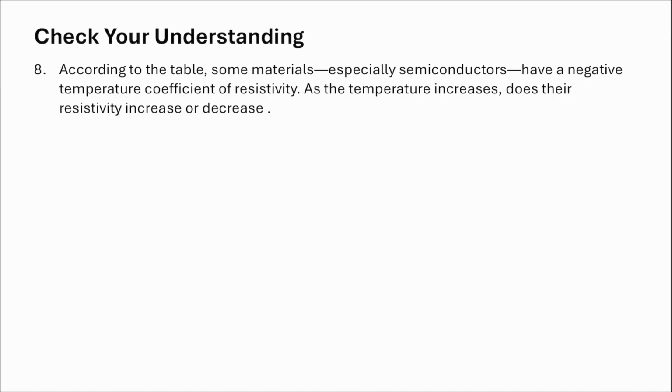Now let's see what happens. We start again. Rho is equal to rho naught times 1 plus alpha, this is our temperature coefficient, times T minus T naught. And after the rearrangement, we know alpha is written as rho minus rho naught, the change in resistivity, but this is a fractional change, and then we are looking at per unit of temperature rise.